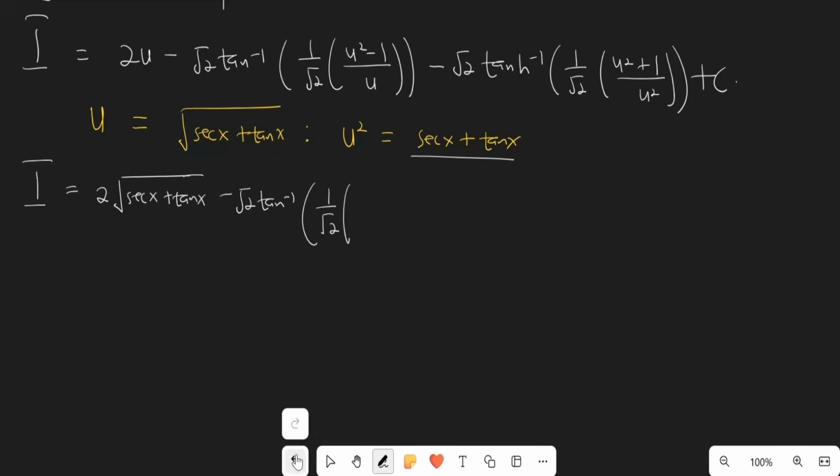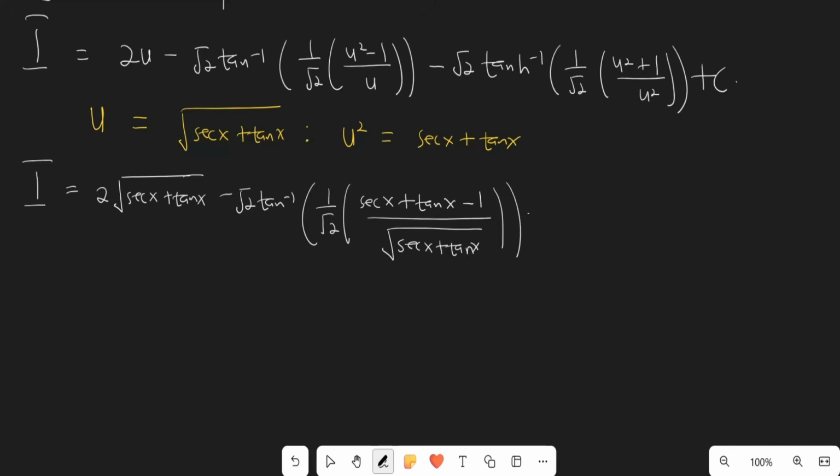U squared is this, so that is secant of x plus the tangent of x minus 1, and all this one divided by u, and u is the square root of the secant of x plus the tangent of x, like this. And then minus the square root of 2, the tan hyperbolic inverse of 1 over the square root of 2 multiplied by u squared plus 1. U squared is secant of x plus the tangent of x plus 1 all over u.